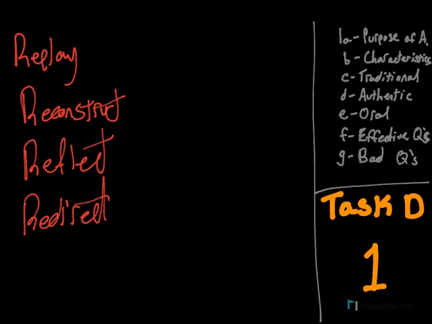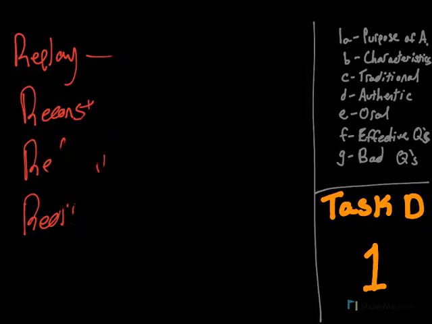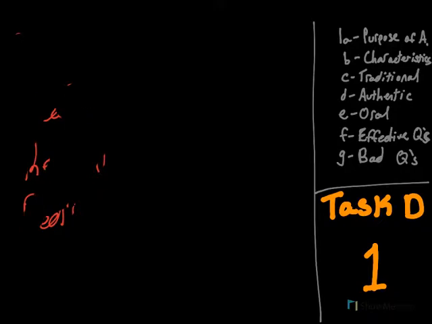So, an authentic assessment is going to be given a scenario. They replay the scenario. They reconstruct what leads up to the scenario. They reflect on the inputs into the scenario, and they redirect what should have happened and what will happen if this scenario were to happen to them. That's going to be an authentic assessment.